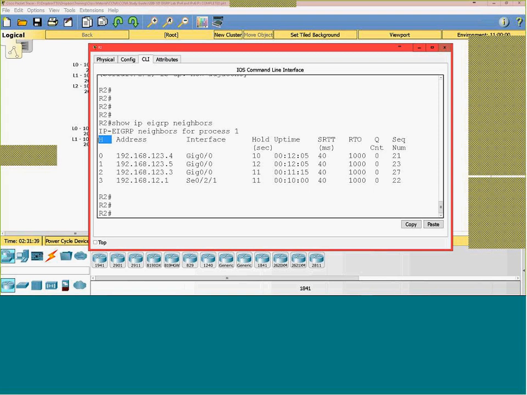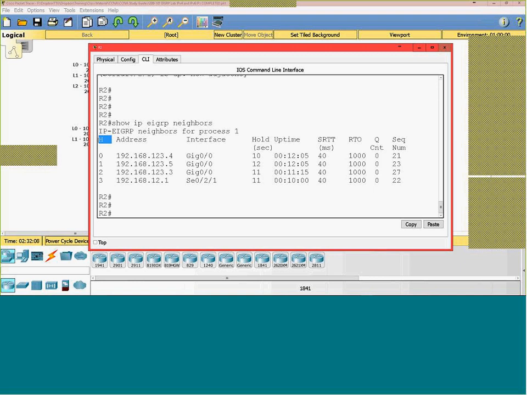Host index basically means from 0 to whatever, how many neighbors do I have? The lower the number, the older the neighbor. If you don't have 4 neighbors, fix it. If you can't figure it out, let me know.